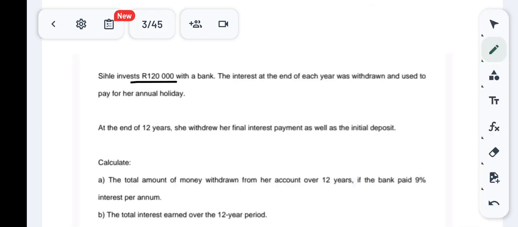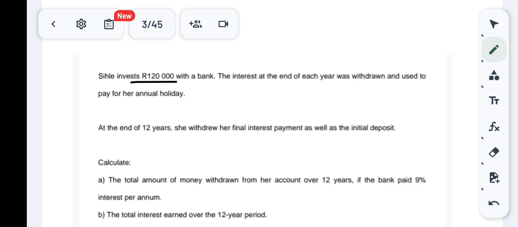And the interest at the end of each year was withdrawn and used to pay for her annual holiday. At the end of the 12-year period, she withdrew her final interest payment as well as the initial deposit.